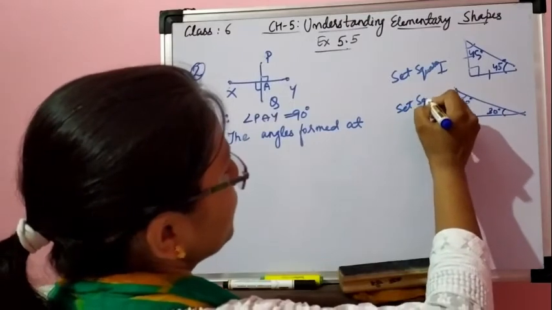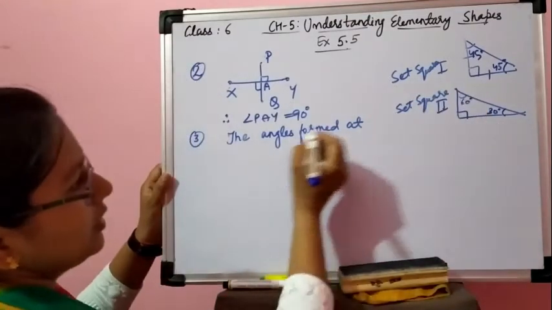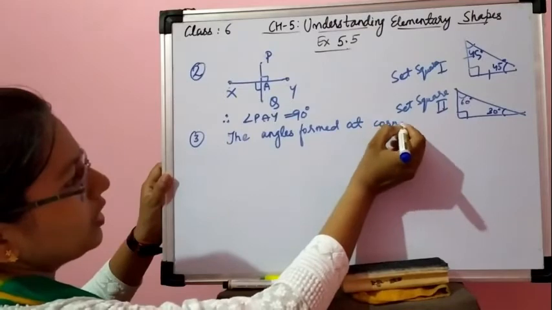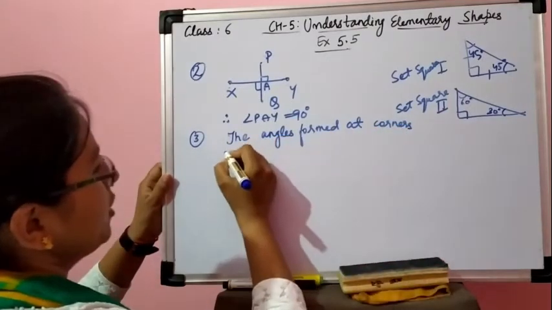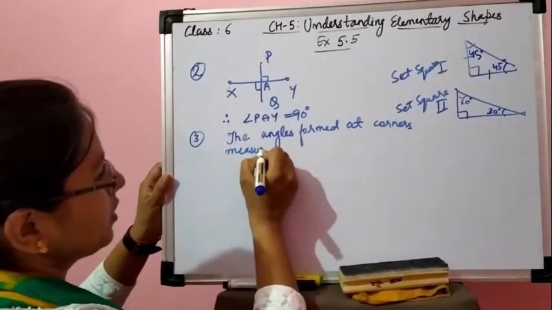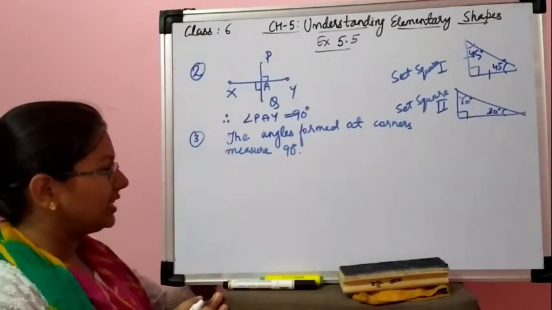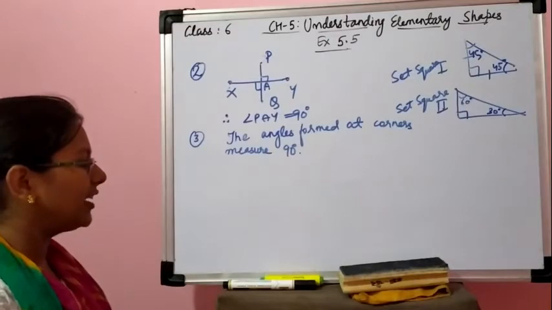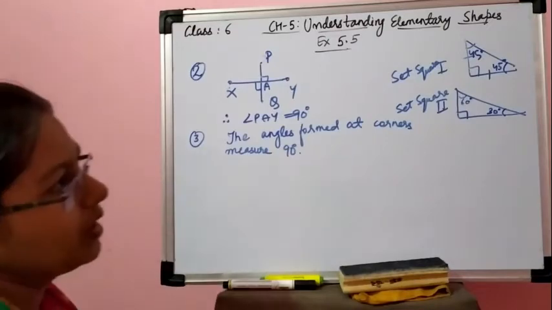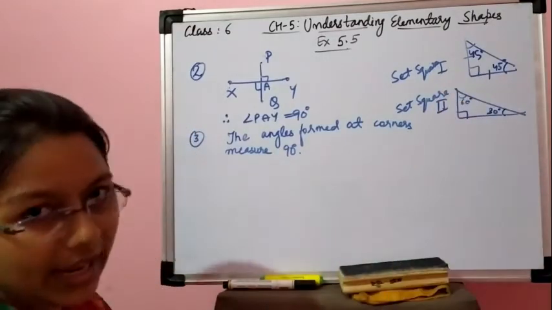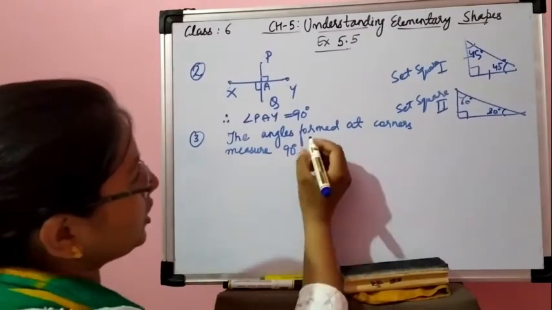The angle formed at the corner measures 90 degree. Now the second thing they were asking, do they have any angle measure that is common? Yes, angle 90 degree is common in both set squares.